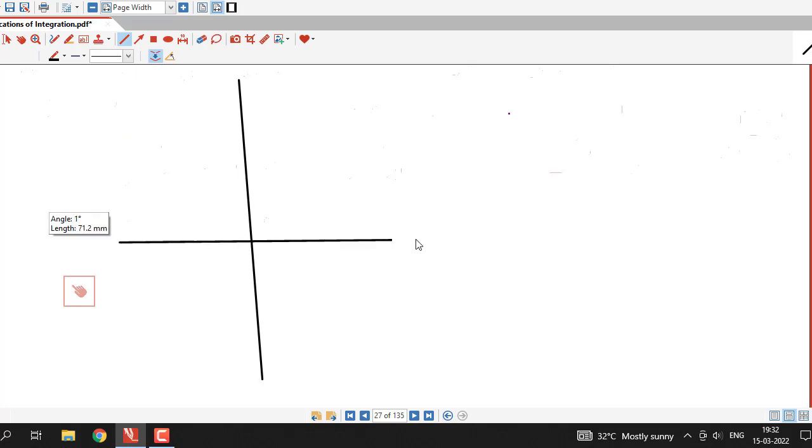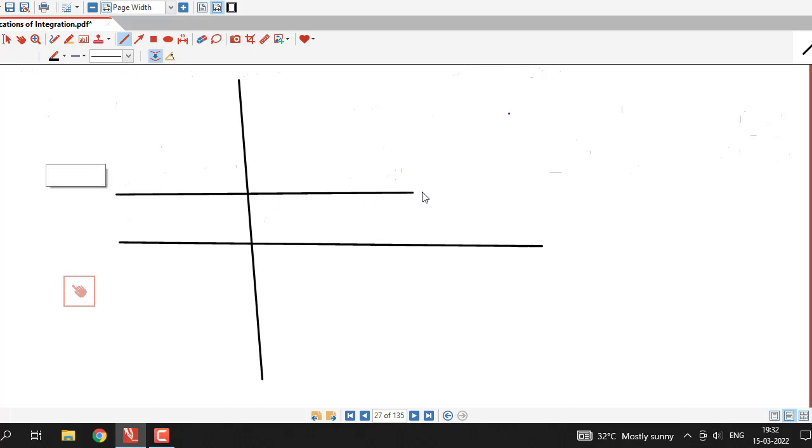For that, suppose this is the y-axis and this is the x-axis. We will require the lines y equal to 1 and x equal to 4. Suppose this distance is 1, then this is the line y equal to 1 about which we will rotate the given region, and we will also require the line x equal to 4 which is parallel to the y-axis.